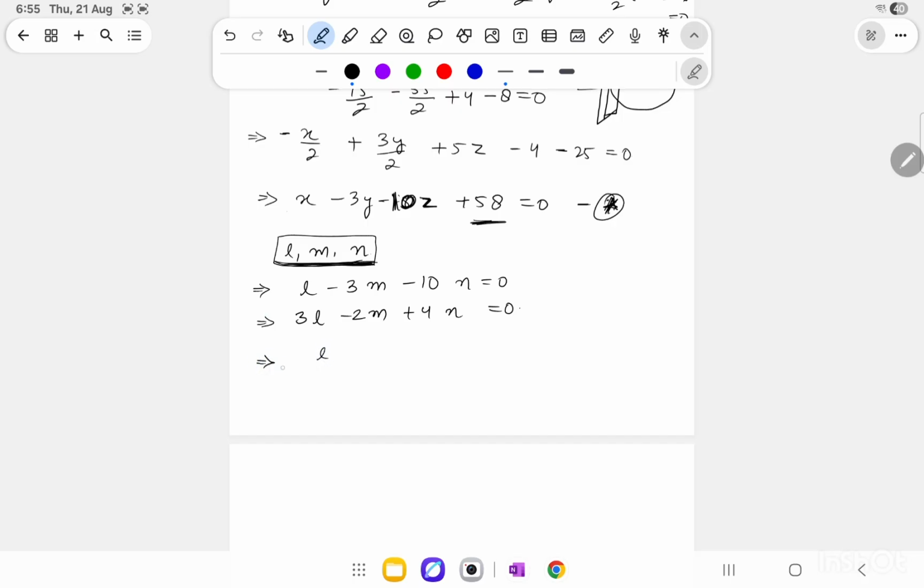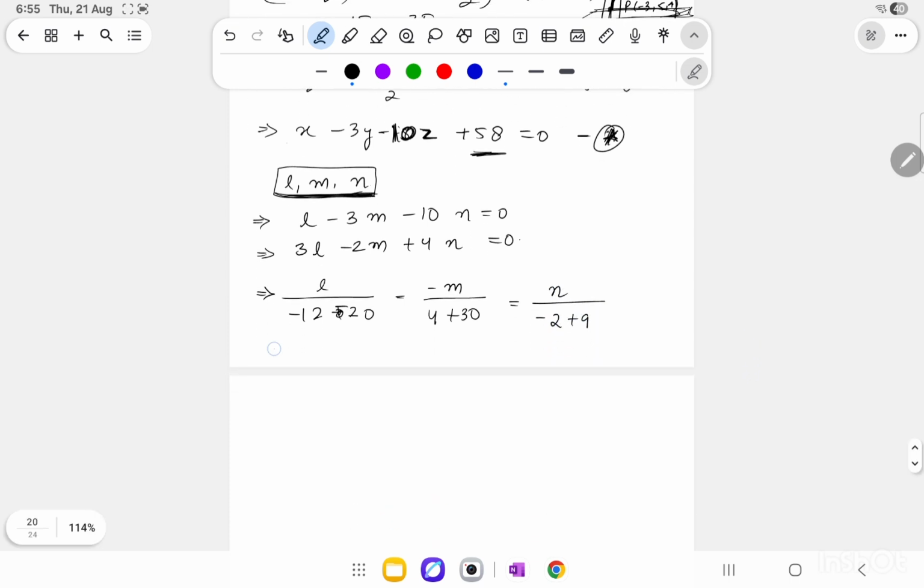By that, I'll get L upon minus 12 plus minus 20 equals to minus M upon 4 plus 30 equals to N upon minus 2 plus 9. So if I simplify it, I'll get L by minus 32 equals to M by minus 34 equals to N by 7.